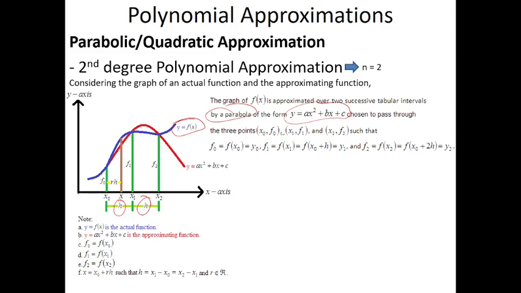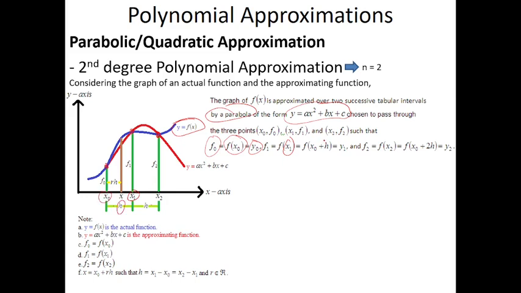Quadratic curve, chosen to pass through the 3 points x sub 0, f sub 0, x sub 1, f sub 1, and x sub 2, f sub 2, such that f sub 0 equals f of x sub 0 equals y sub 0, f sub 1 equals f of x sub 1 equals f of x sub 0 plus h, right?